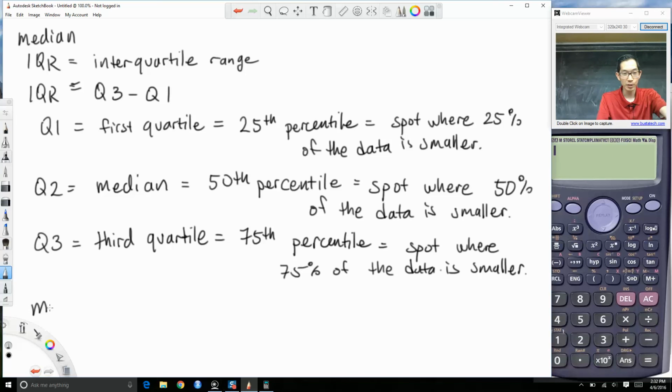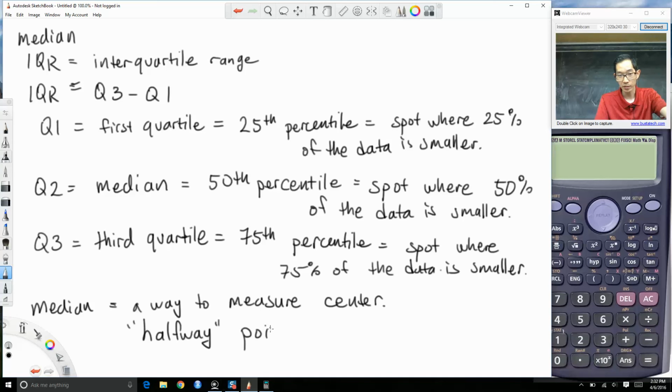We can think of it as the halfway point of our data. It doesn't even need to be in quotes. It really is the halfway point of our data.